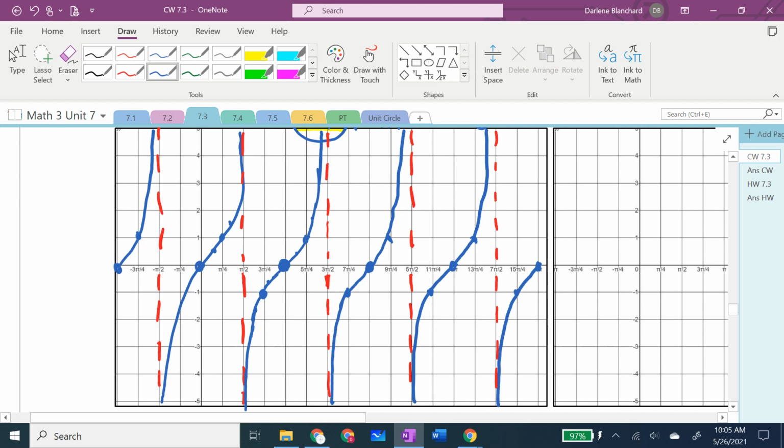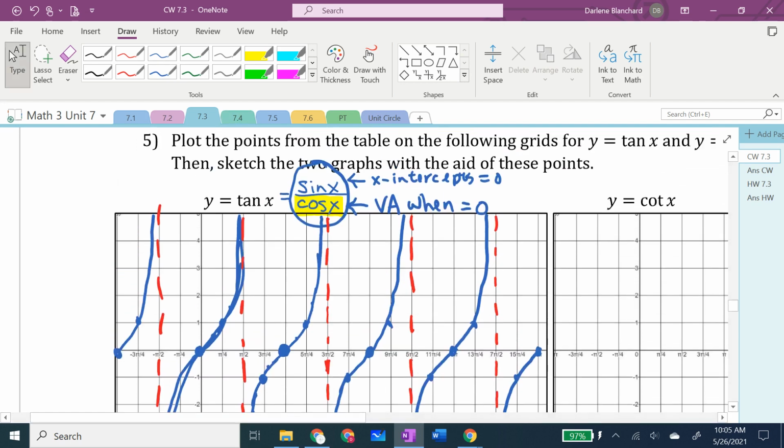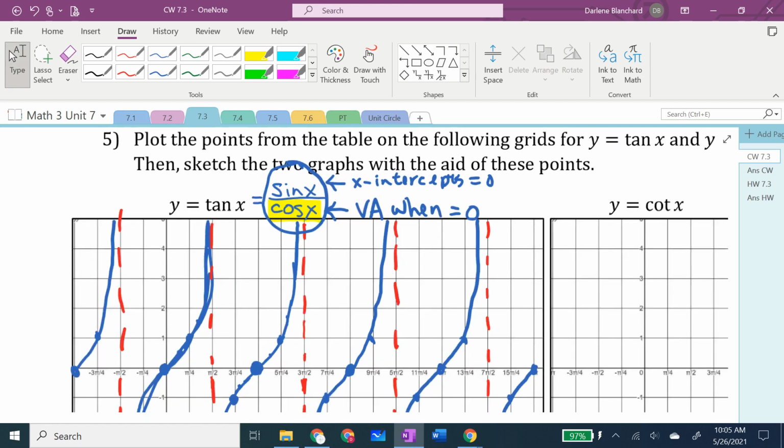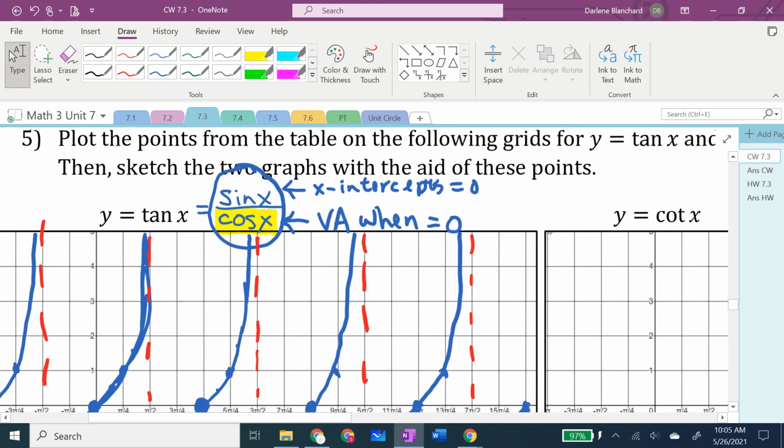And you want to remember where tangent has its vertical asymptotes and where it crosses the x-axis. But I want to remind you and say it again. If you remember that tangent is sine over cosine, and you can remember from rational functions that the denominator being equal to 0 gives vertical asymptotes, and the numerator being equal to 0 gives x-intercepts. So that's the graph of tangent.